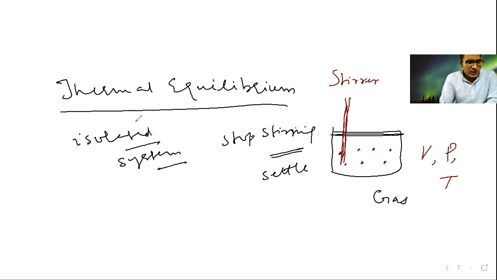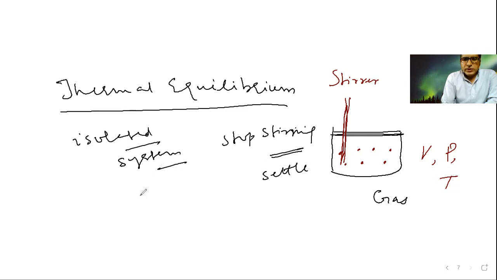I repeat, when the macroscopic properties of an isolated system become constant in time, the system is in thermal equilibrium with itself. Only then can we assign to it the values of pressure, temperature, volume, and specify its macroscopic state.